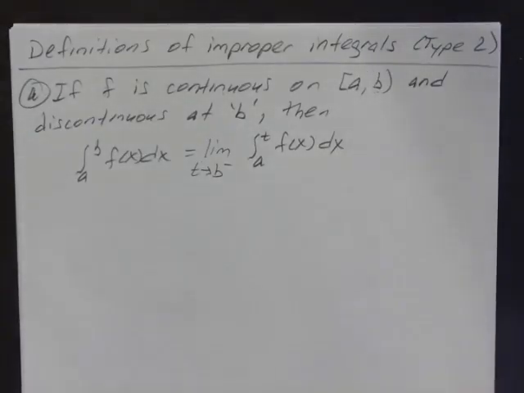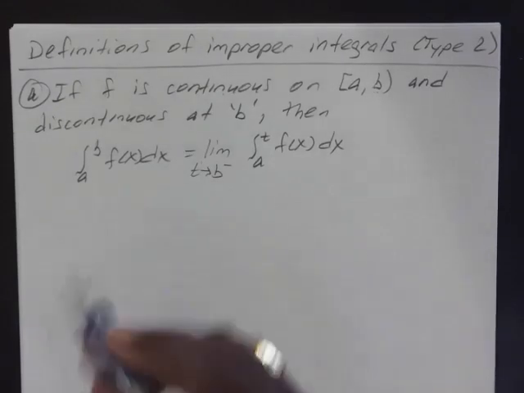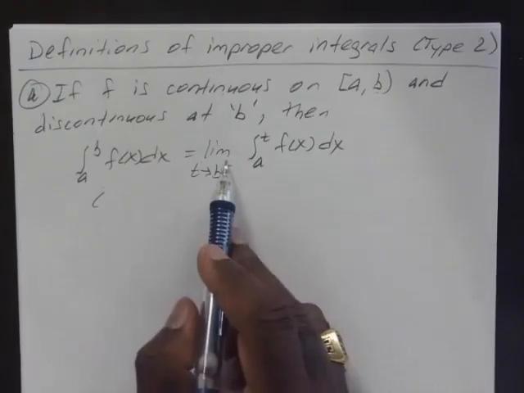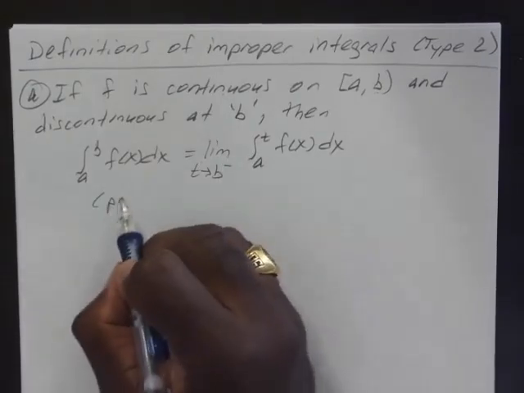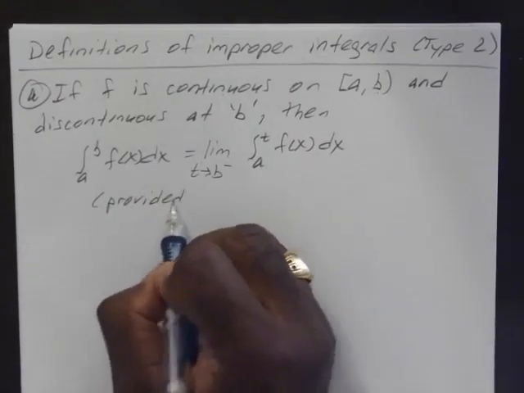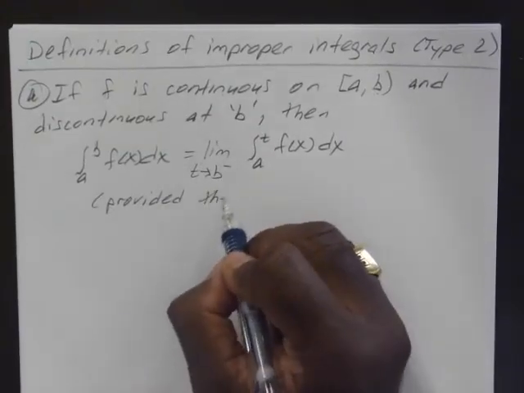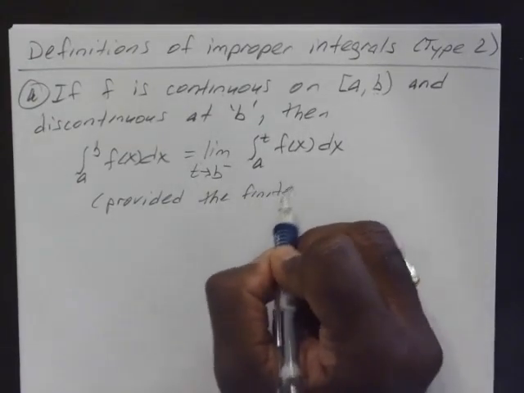Okay, so that was the one we just showed, with all the detail and ideas behind it. But this all depends on the limit actually existing, so it's provided the finite limit exists.